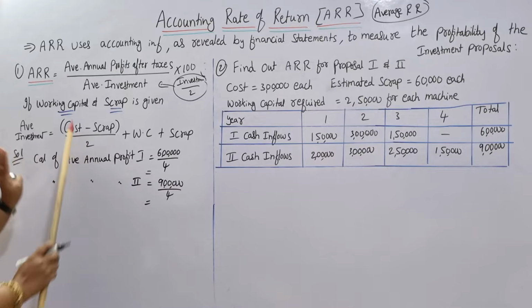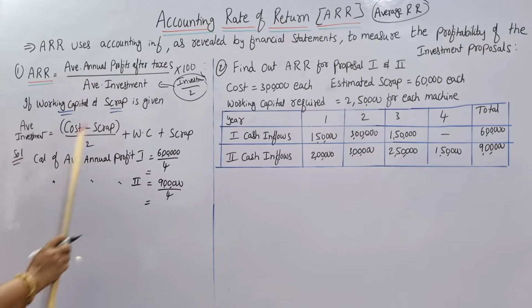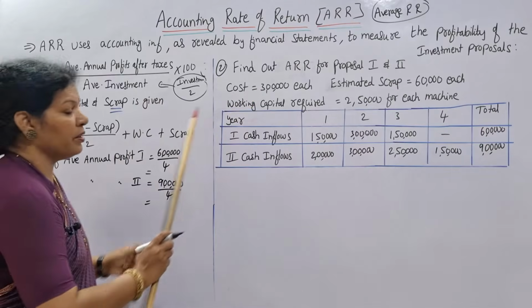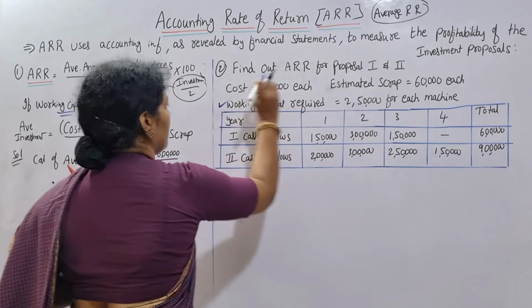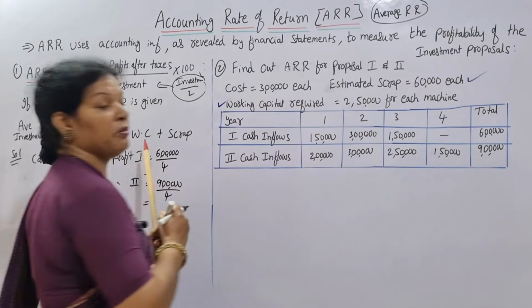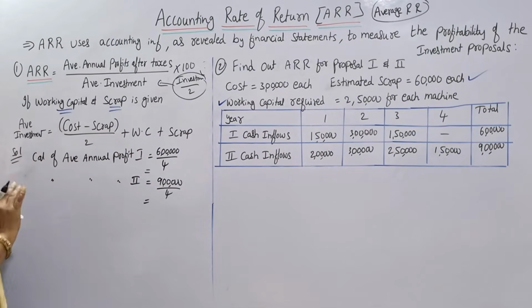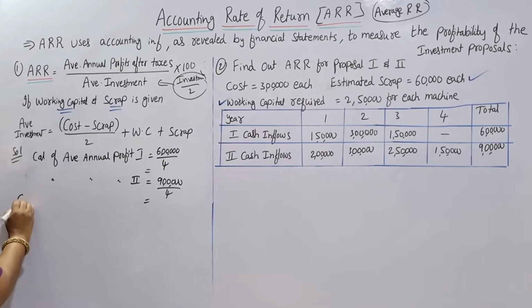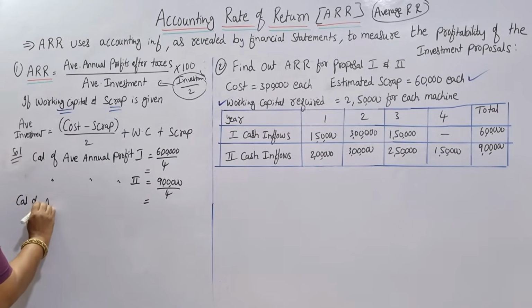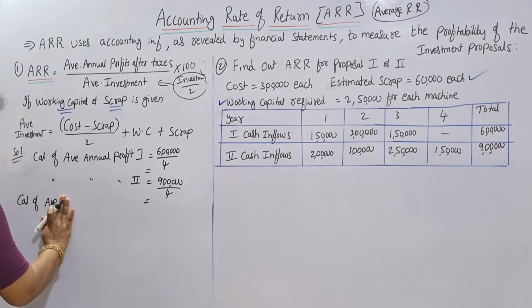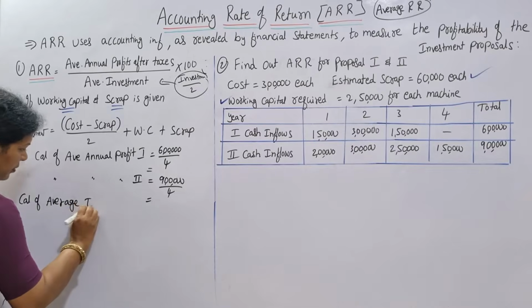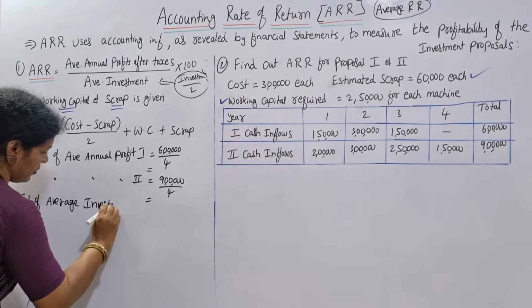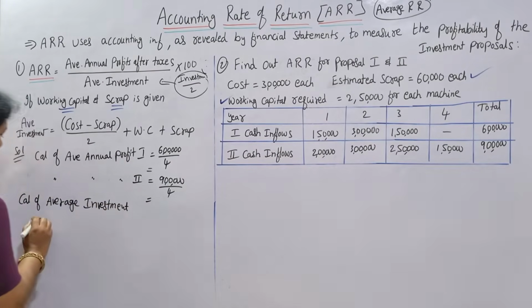In the same way, we need to calculate the average investment also. Whenever working capital and scrap value both are given, we'll be using this formula. So next, calculation of average investment. Average investment formula is here: cost minus scrap.